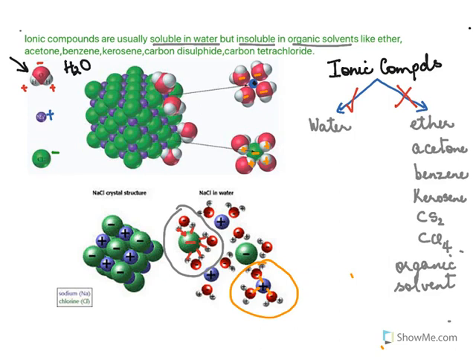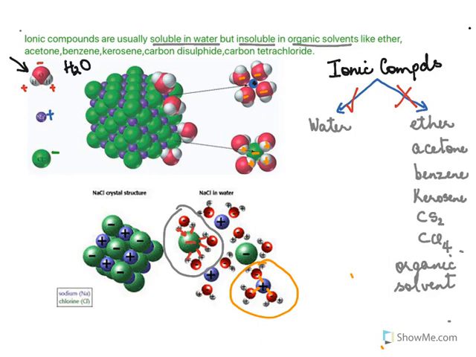And because water has got the slight charge, it's able to separate the sodium and chlorine ions. But when it comes to organic solvents like ether, acetone, benzene, kerosene, they do not have this slight positive and negative charge, and they're not able to separate out the sodium and chlorine.